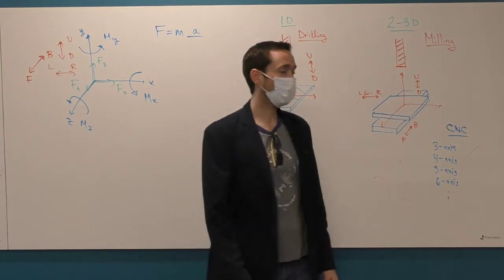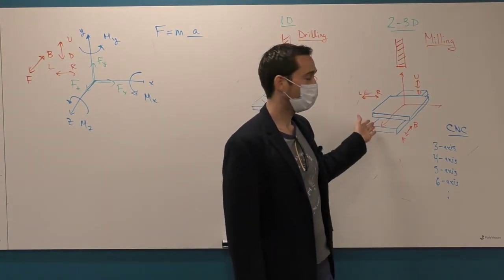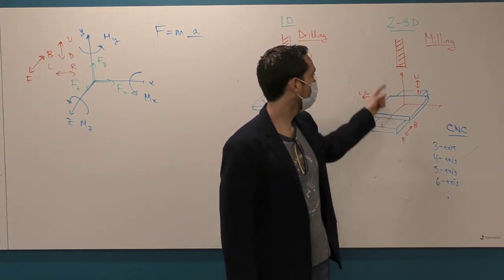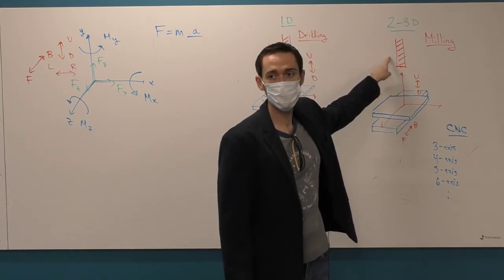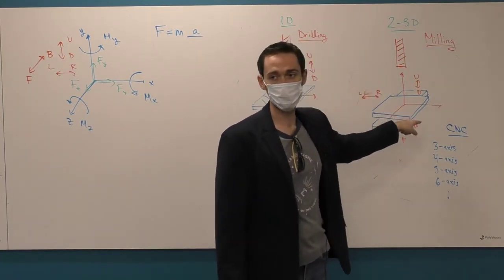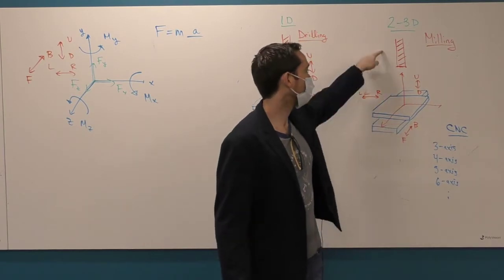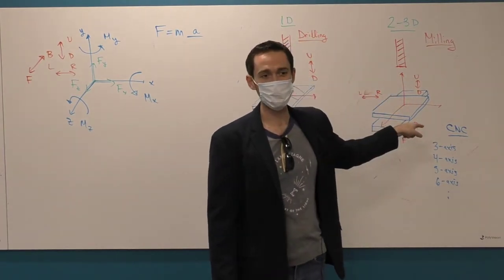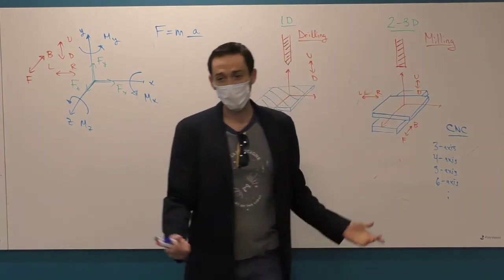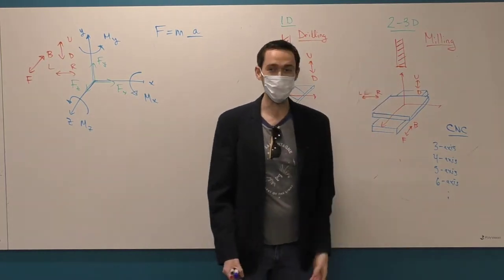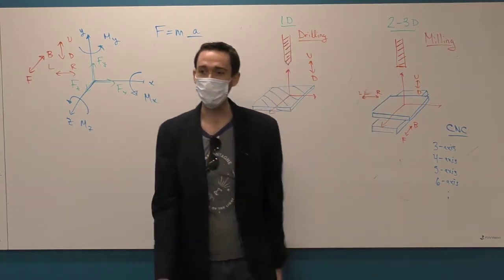So we have a situation where this thing can move, or this thing can move, or both can move. Or you could put more than one cutter at the same time, and then it's just crazy.